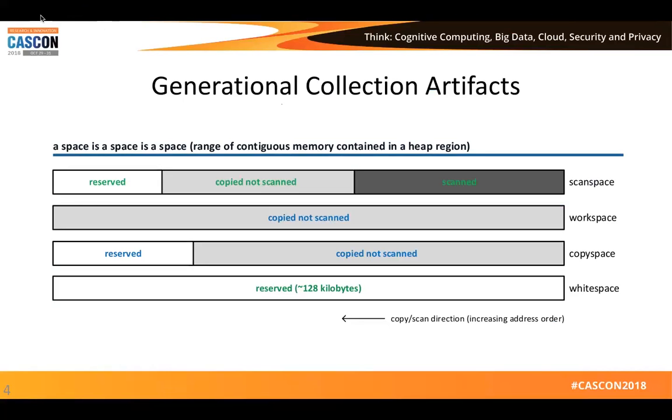A 64-byte chunk is a cache line. We're trying to increase cache line containment. That's one of our main objectives. And we achieve that by scanning and copying within the same scan space. So white space, copy space, workspace, scan space, are the main artifacts that we're using in the generational collector.